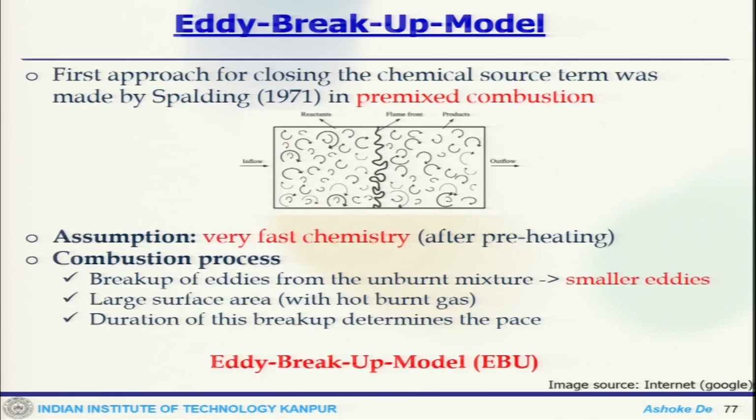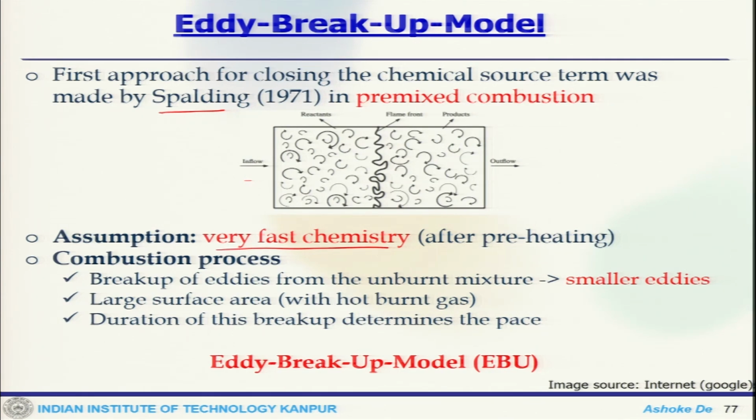Now, the eddy breakup model is something that is used to close the chemical source term in premixed combustion, and it was proposed in 1971 by Spalding. So, you have an inflow, there is a reactant and there is a flame front, then product, then the outflow. There are certain assumptions associated with this. One of the important assumptions is very fast chemistry.